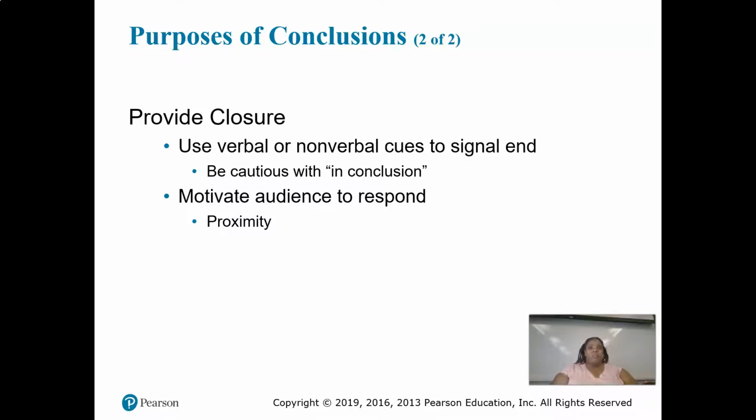So we're going to talk about that in other chapters, but that's a really good example of how the conclusion is one of the most important parts of the speech. It's not just a recap. It invokes a response, or has the audience think about how they would respond or act based on what the speaker proposes.